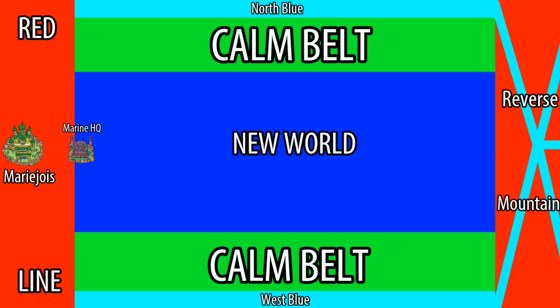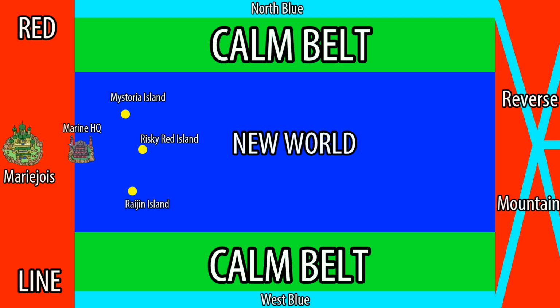So in order to navigate the New World, you need a special log pose that has three different compasses on it. So if you're going to one island and one of the compasses loses its magnetic pole, at least you have two other options here. Some of the islands that were mentioned, the first three islands that you will encounter when you exit Fishman Island, as told by Smoker, are Mystoria Island, Risky Red Island, and Raijin Island.